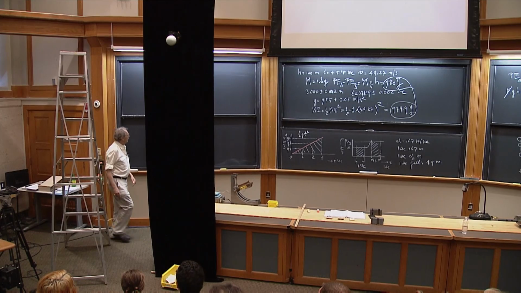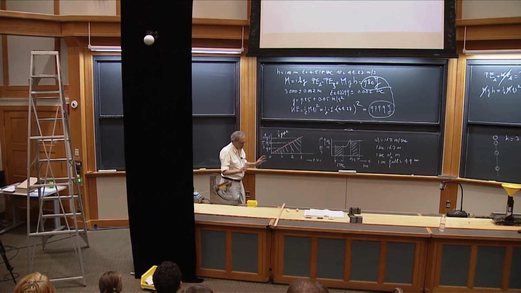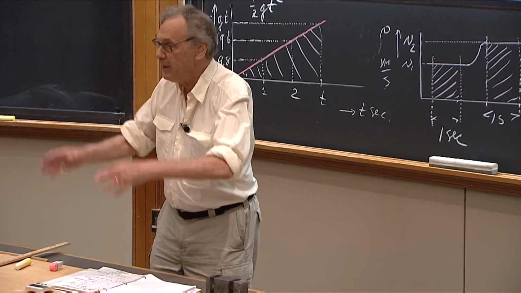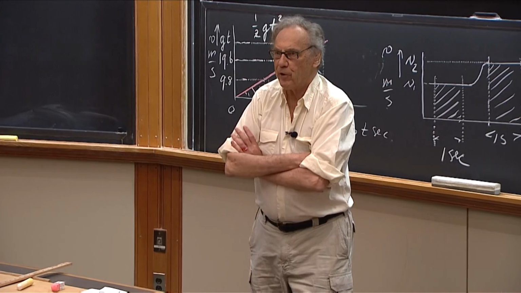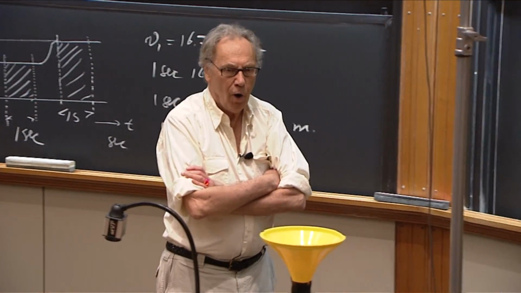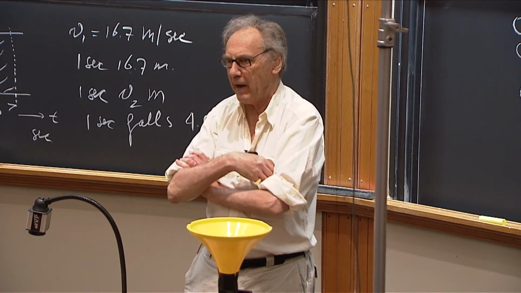I will move this out of the way. We're going to make it absolutely dark. And Bill and I have worked out an extremely sophisticated method of synchronization. Very high tech.